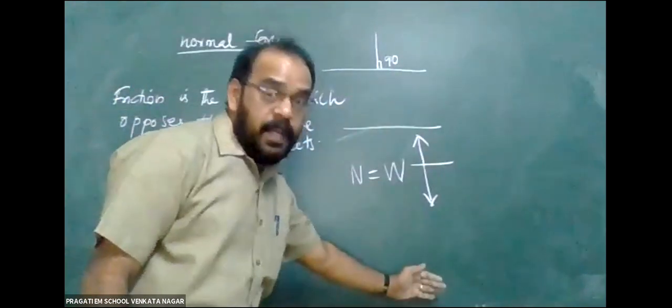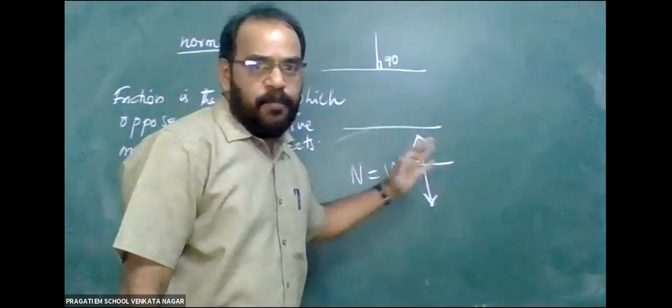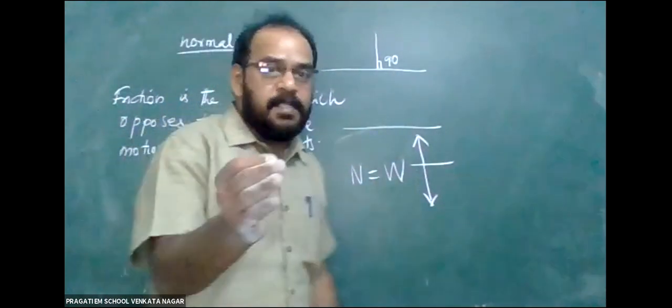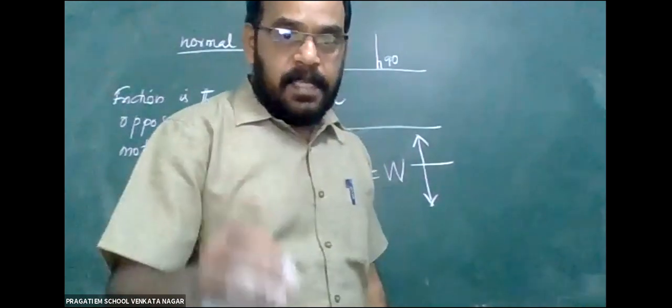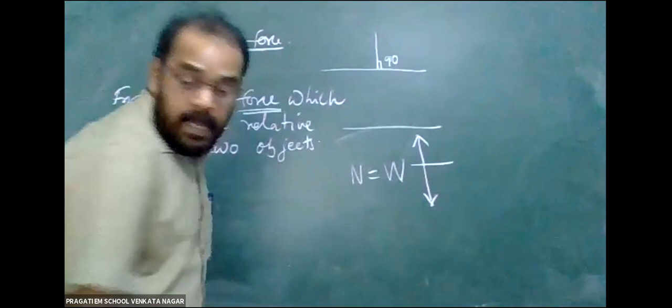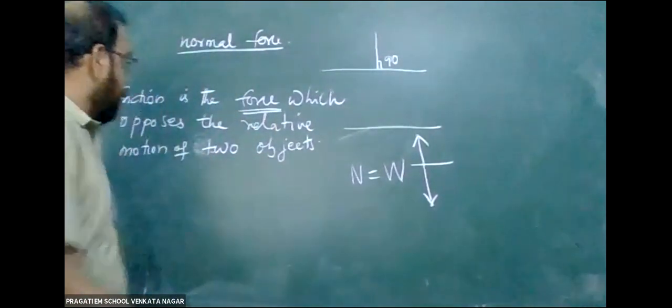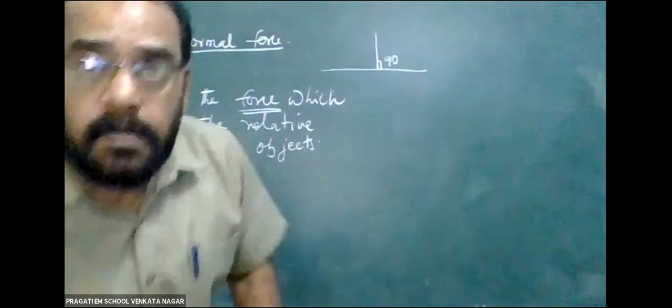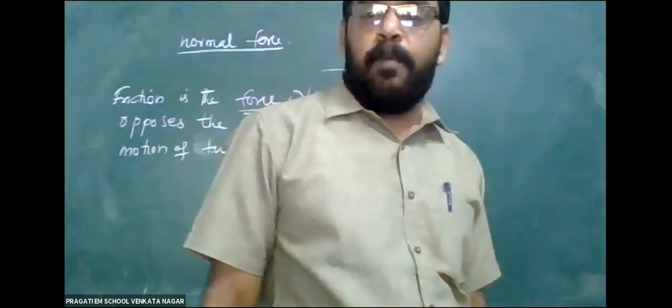So weight acts vertically. Weight is due to the attraction of earth, so it acts vertically downward, but the normal force is the force exerted by a surface. Who is writing the definition? The force exerted by a surface on an object in normal direction. That is why it is called a normal force.